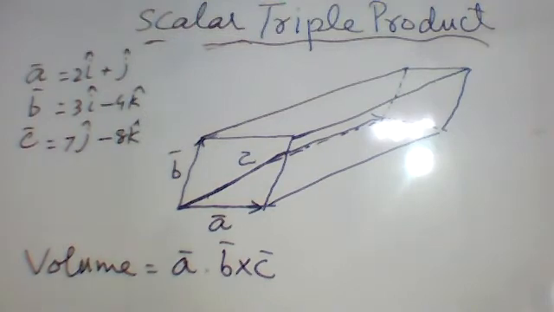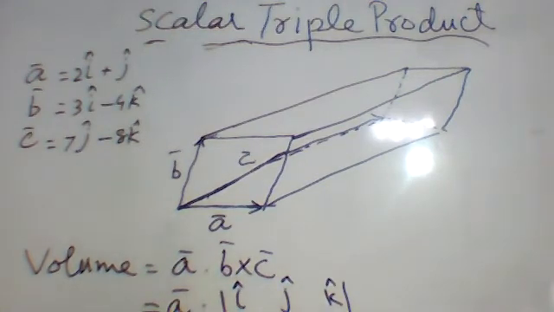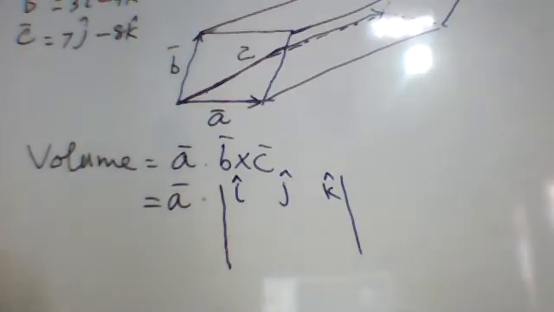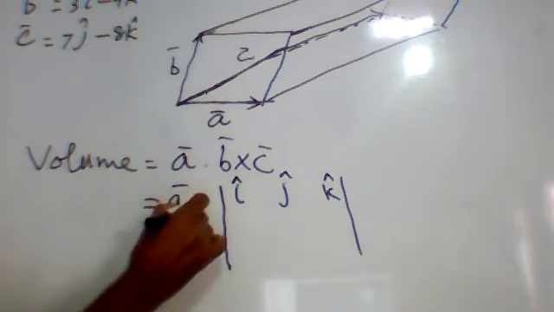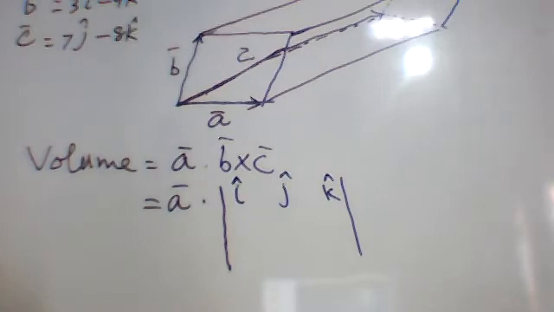First of all, we will find B cross C. A will remain as it is. There must be dot or cross between them. Here it is dot, so we must write dot, because we are taking the scalar triple product.